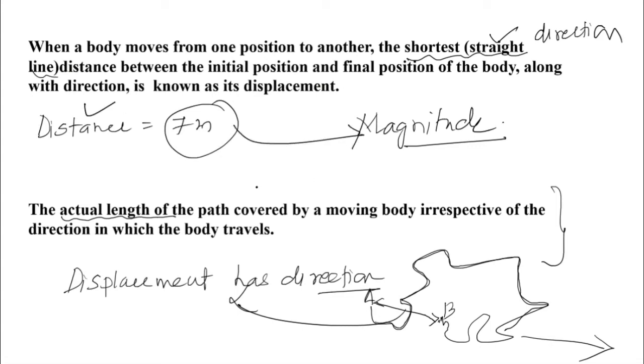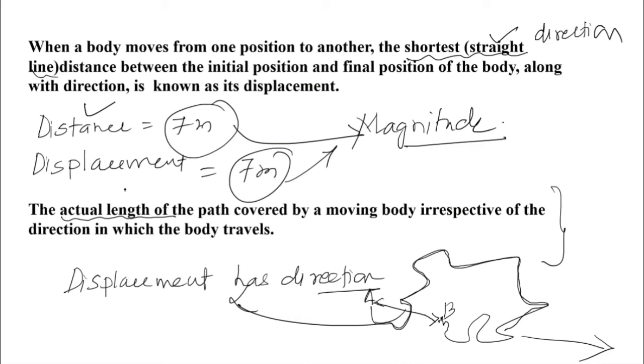Every physical quantity has a magnitude. Displacement also has a magnitude. If I write displacement as 7 meter, this is the magnitude of the displacement. But distance has magnitude alone.